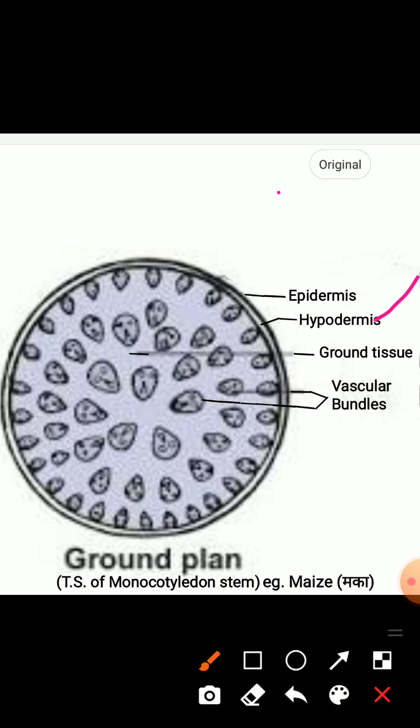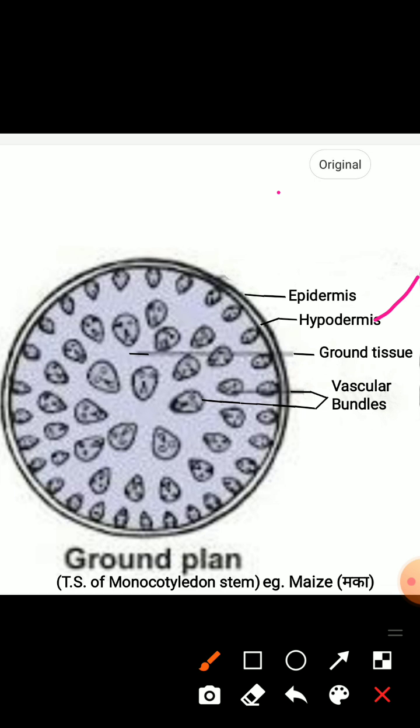Over here, there is sclerenchyma, hexagonal, pentagonal, just like a honeybee comb. The hypodermis present below the epidermis is the mechanical tissue, giving mechanical strength, rigidity, strongness, toughness to the monocot stem. So this is about the hypodermis.